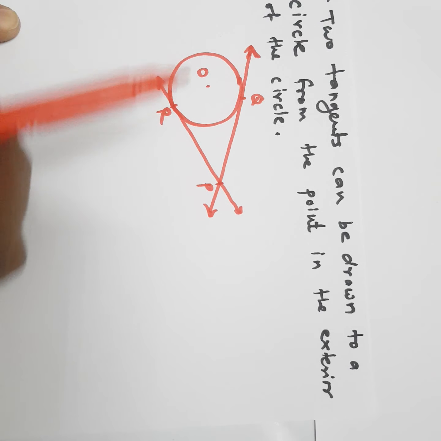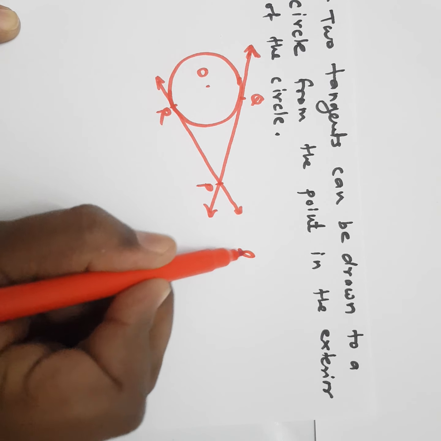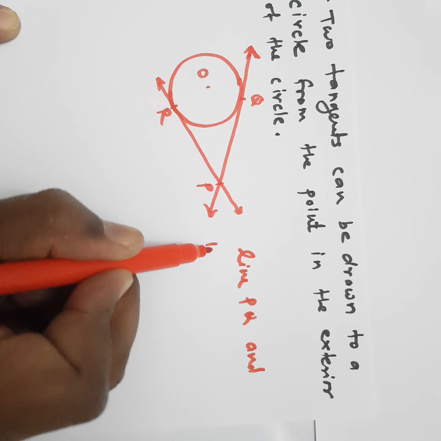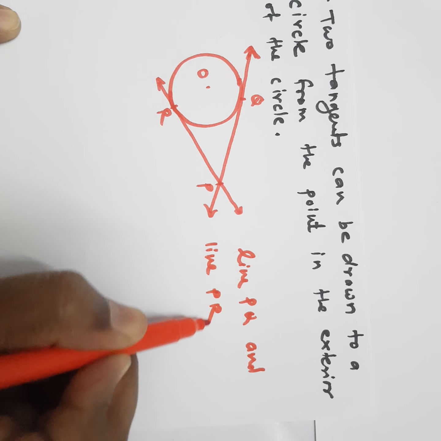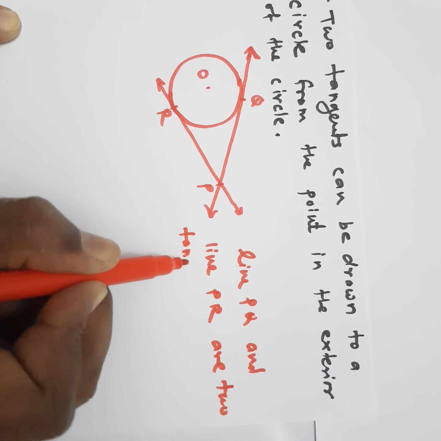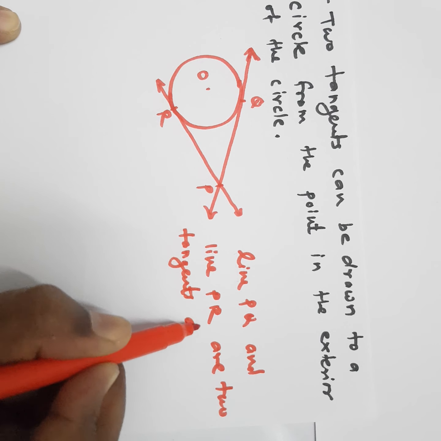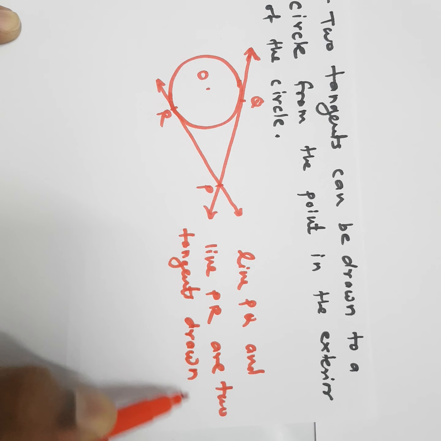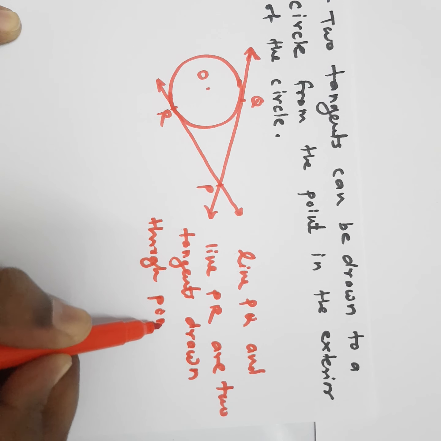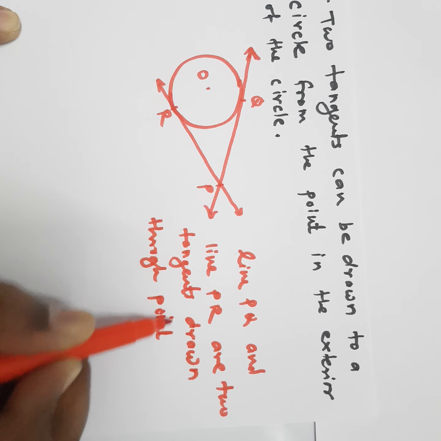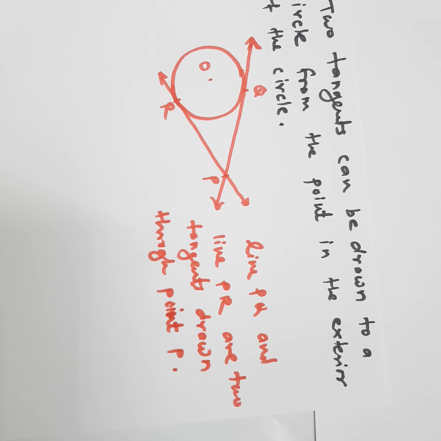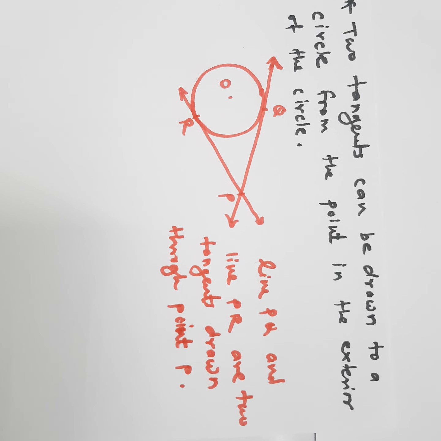Line PQ and line PR are two tangents drawn through point P.